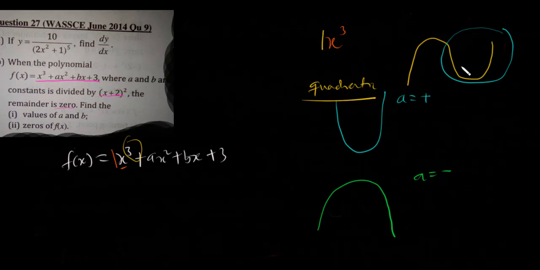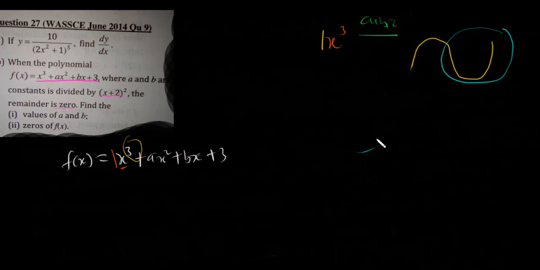Now when the coefficient of the s cube, that is the a in terms of a cubic function, is positive, you have the u shape.